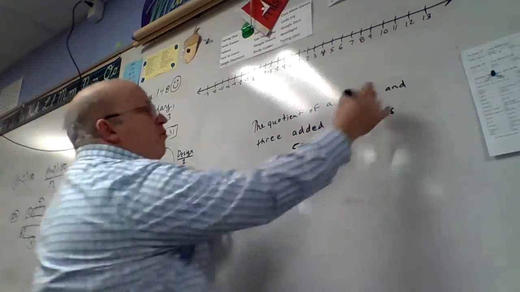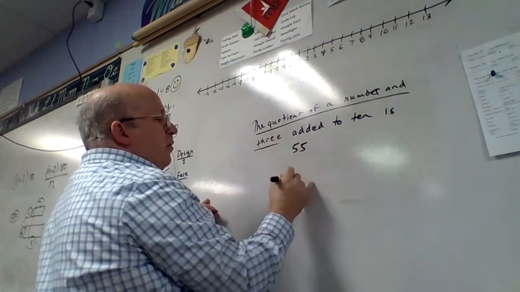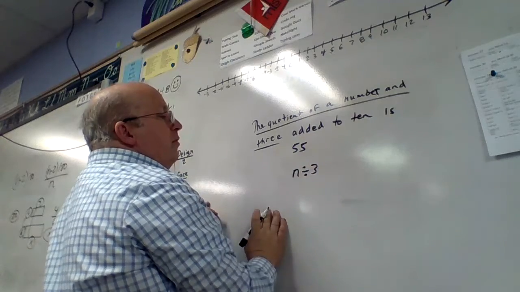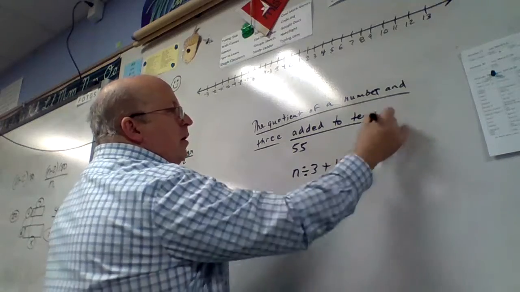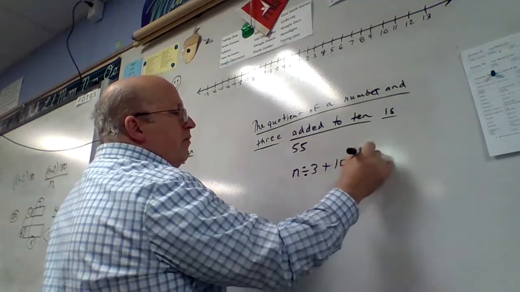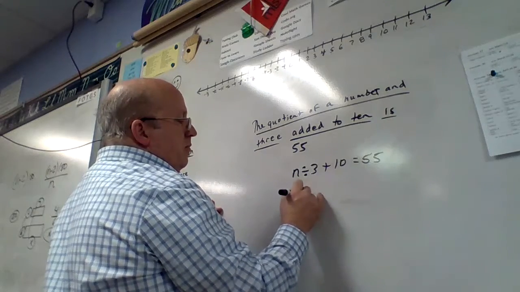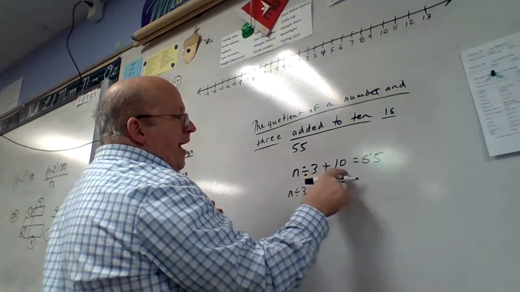Well, the quotient of a number and 3, that first part, I'd go n divided by 3. And then this added to 10 part, I'm going to add 10, and then is my equal sign, and 55 is 55. First step now? Well, I got to get this n by itself, and it's attached to the 3 and to the 10.